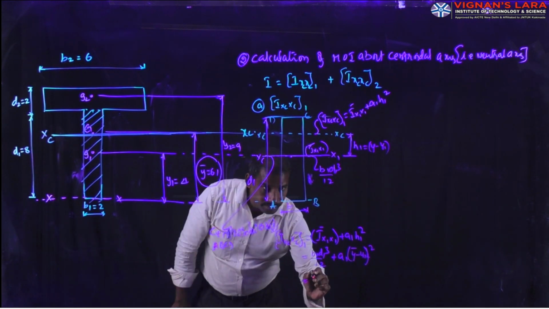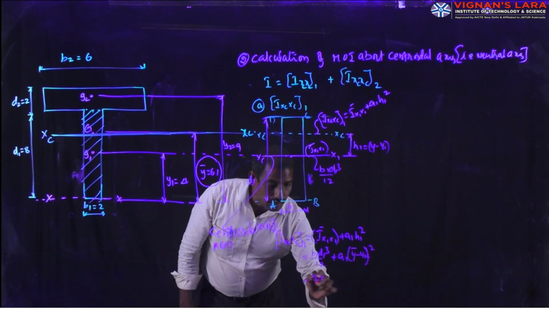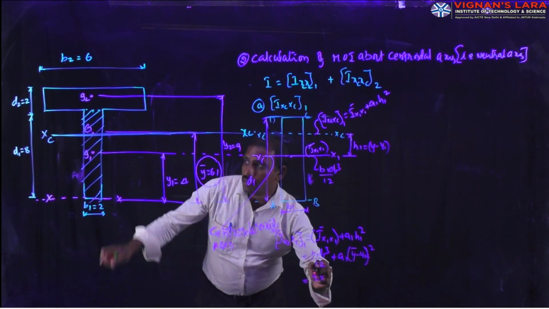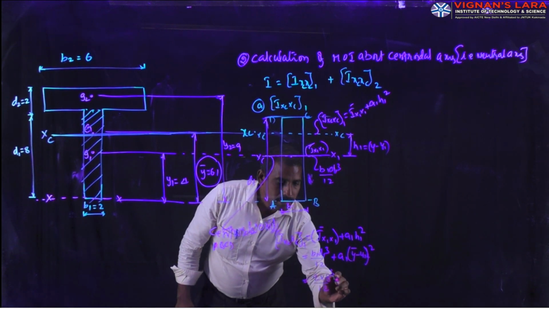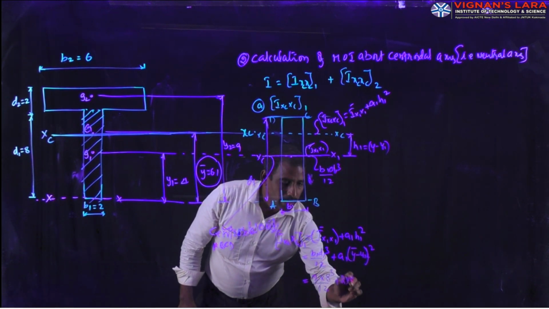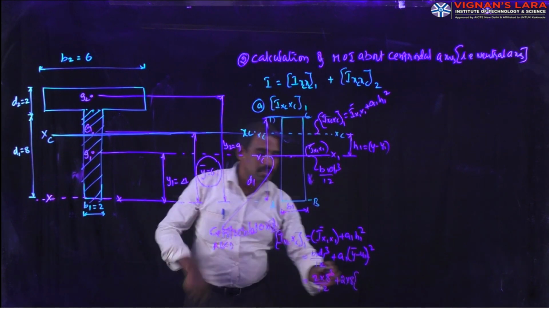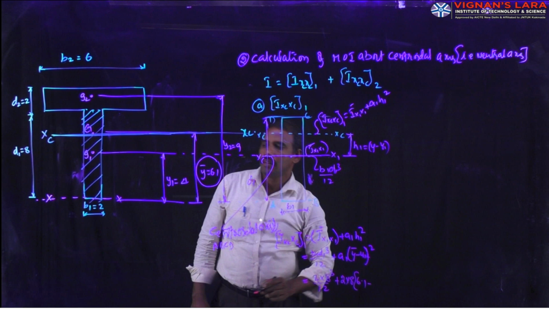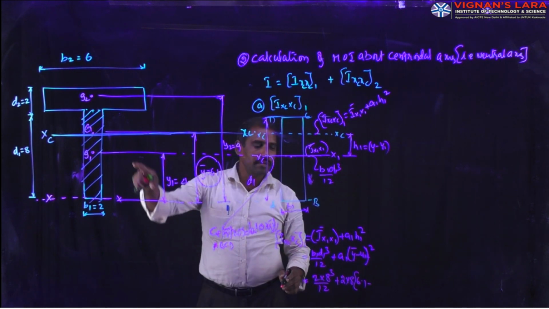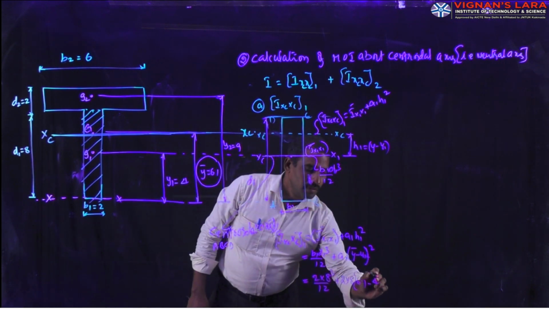B1 is known, D1 is also known: 8 cube by 12 plus 2 into 8 into y bar, 6.1, minus y1, which is 4, whole square.